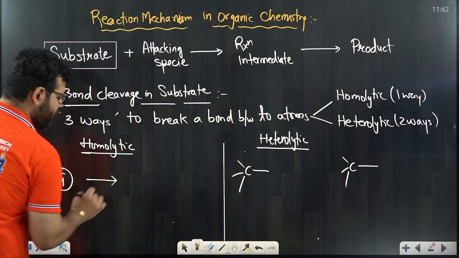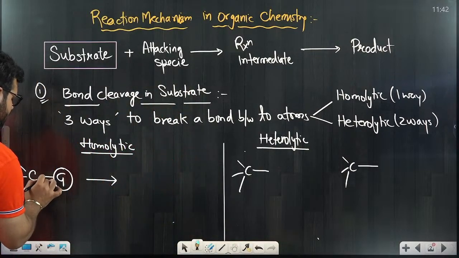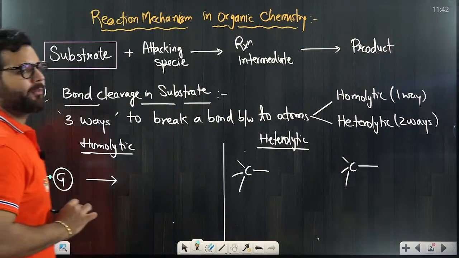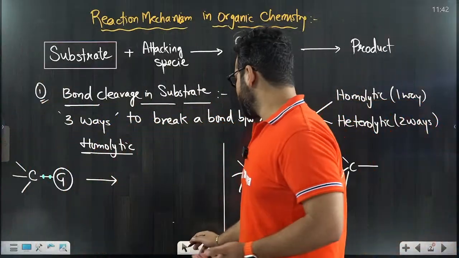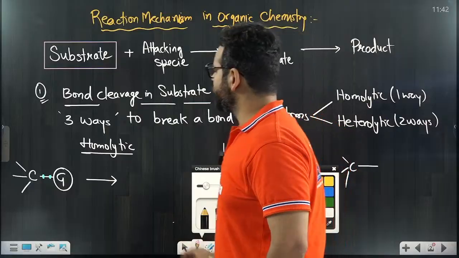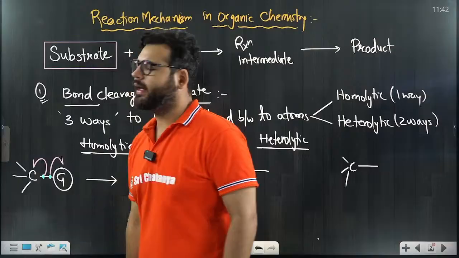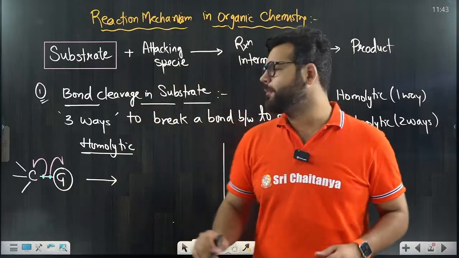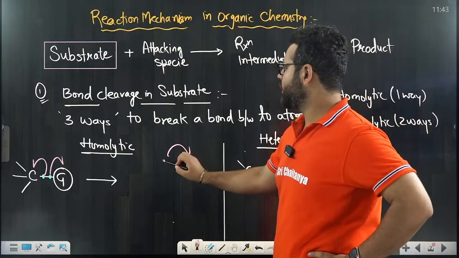Whenever this bond cleaves homolytically, homolytic means equal split. This bond was made up of 2 electrons. We say carbon, you keep 1, G, you keep 1. Whenever you show the movement of 1 electron, always show it by a fish head arrow like this. Whenever 2 electrons move, you show a complete arrow.